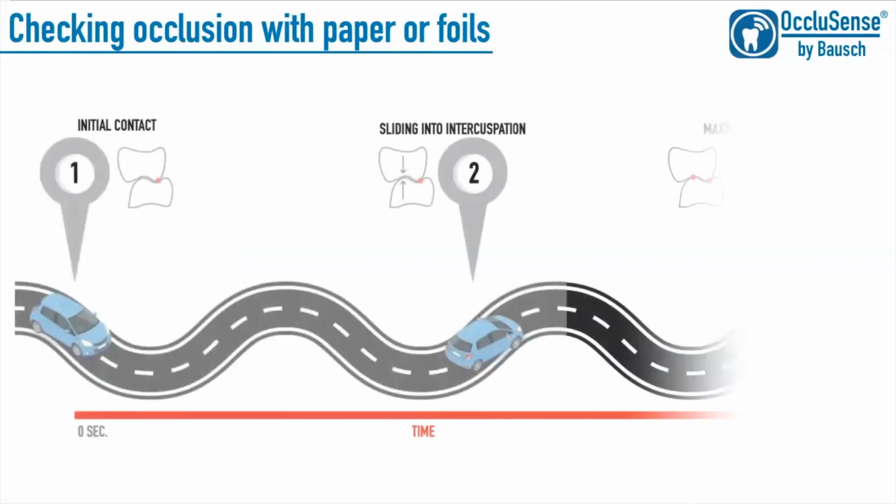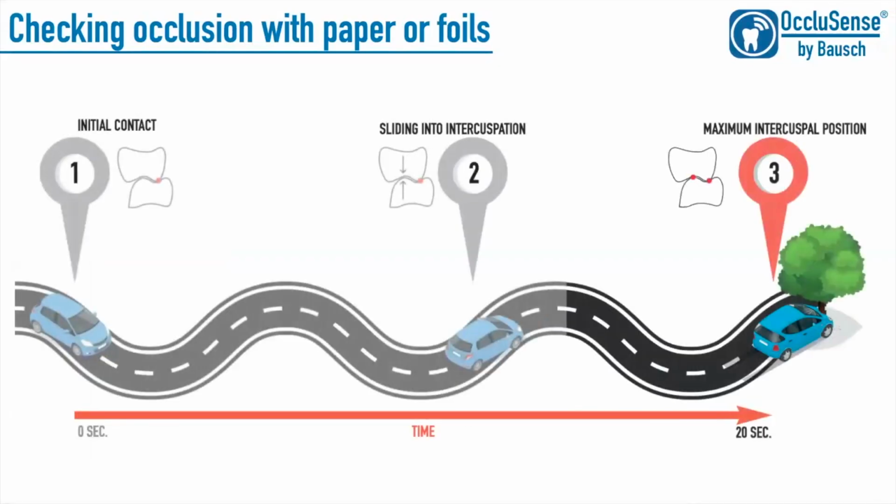To understand why you need OccluSense, I would like to compare checking occlusion of your patient with OccluSense and with normal paper and foils. If you look at the pathway and run from 1 through 2 up to 3, you can see that occlusion consists not only of an initial contact and the final position, so point 3 and 1, you also have something that is happening in between, so the sliding into intercuspidation.